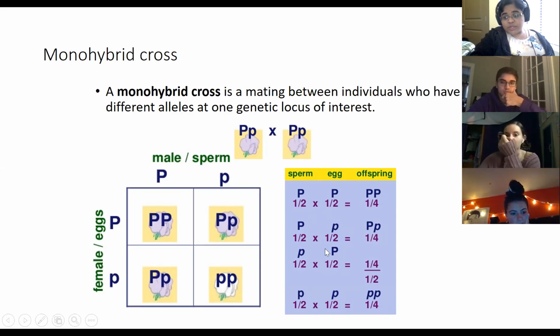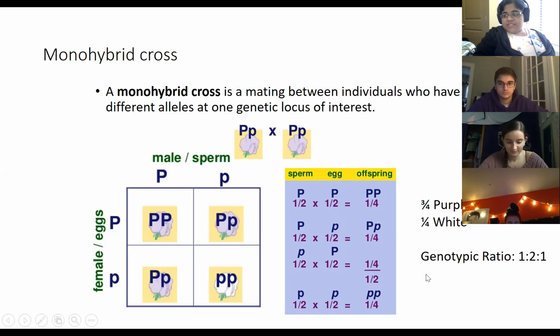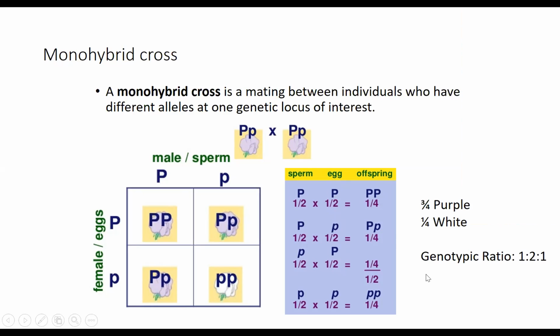Again, in this case, order matters too, because you can get either big P or little p from the dad, or little p or big P from the mom, right? So 1/4 plus 1/4 gives you half a chance. So in this case, the phenotypic ratio is 3:1. The genotypic ratio would be 1:2:1. Okay, does that make sense?